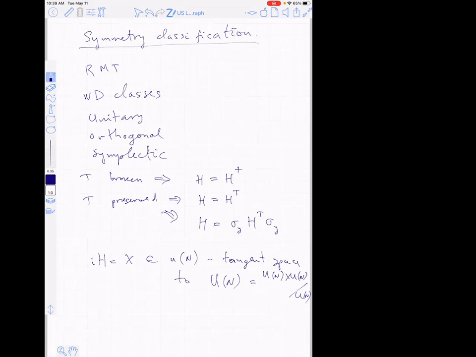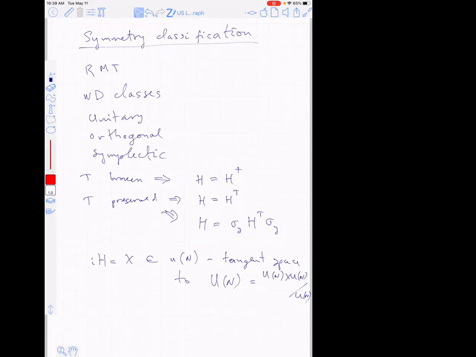But in these other cases, when you have this structure that the matrix is, let's say, real, or this kind of matrix, the corresponding spaces of Hamiltonians turn out to be tangent spaces to real cosets.